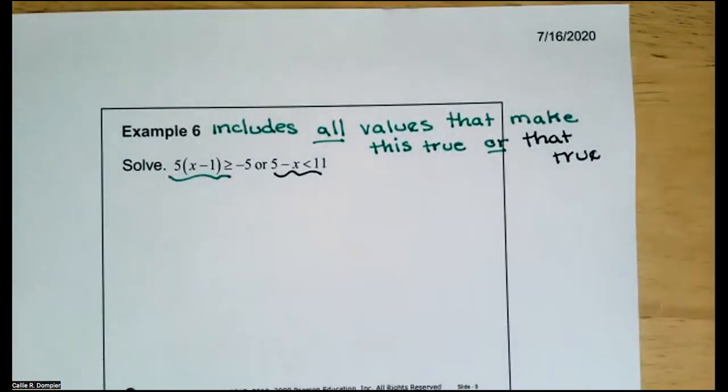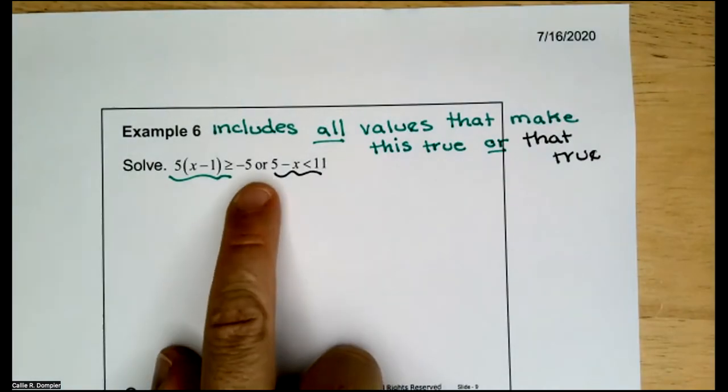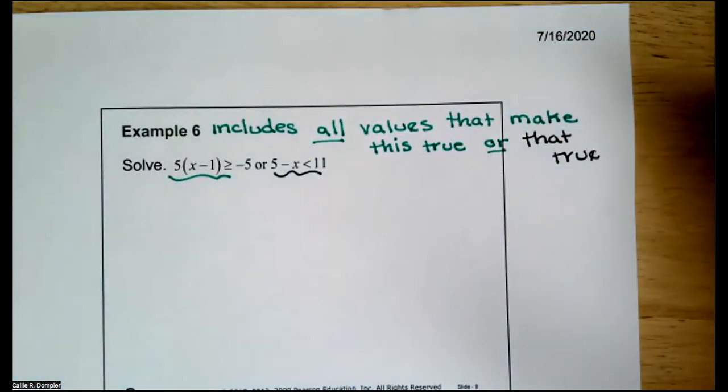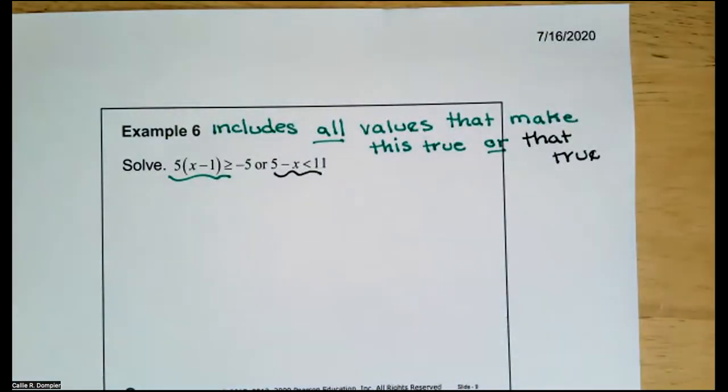Okay? So if you have or, you're covering everything. You're not eliminating part of it, right? Okay.